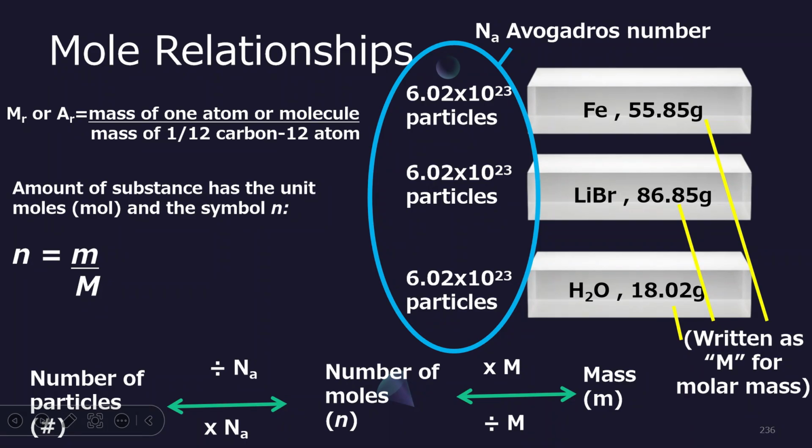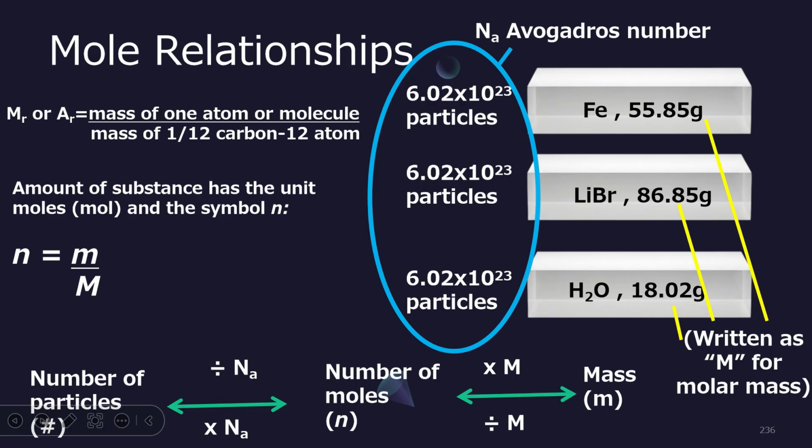If you took 2 hydrogens and 1 oxygen from the periodic table, their masses, and added them together, you would get 18.02. So it must be true that for 6.02 times 10 to the 23 particles, the mass of any element or compound is equal to its mass in Daltons, or atomic mass units, what you would get from the periodic table. That's the whole idea of the mole.